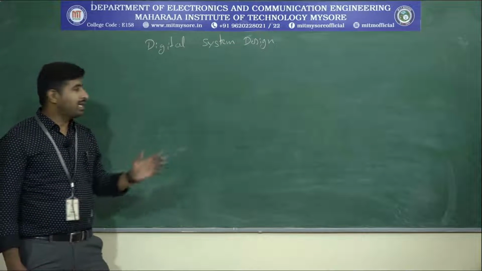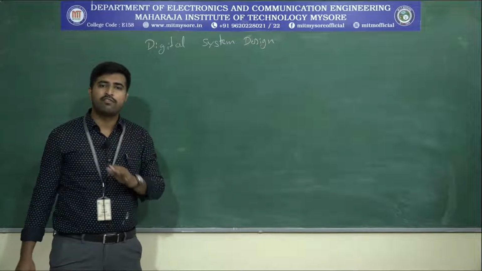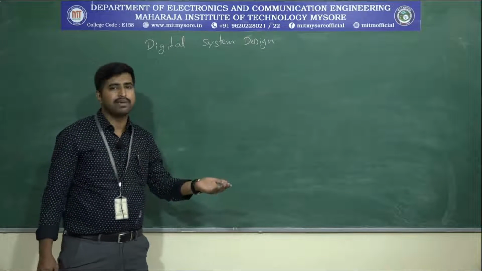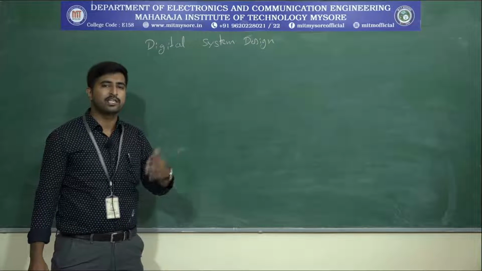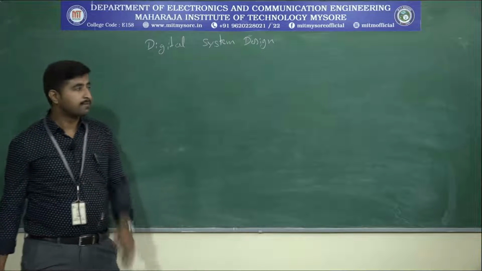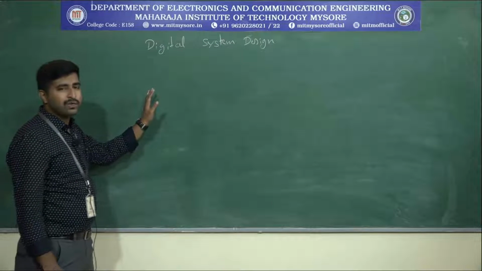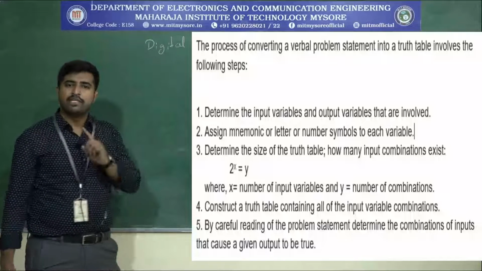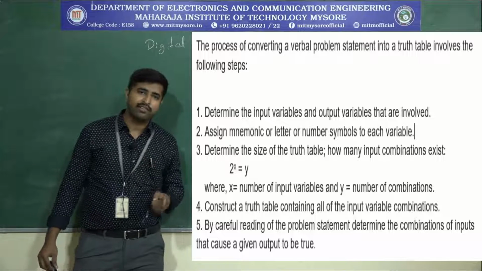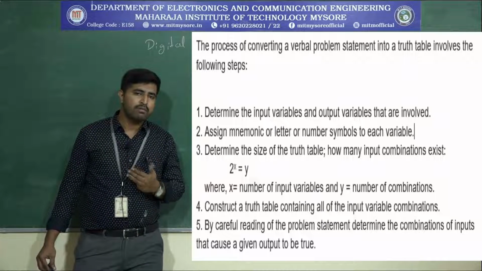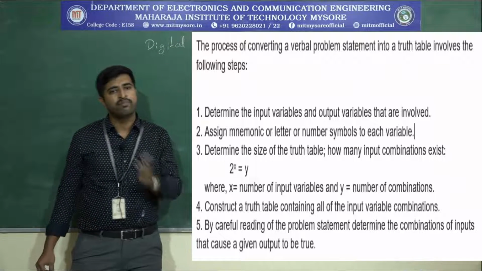Now let's move on. We have already started with the conversion of the problem statement to the truth table: how to construct a truth table from the problem statement. For that we have seen 5 steps, so let's recall them. The first one is to identify the inputs and outputs from the problem statement, how many inputs and how many outputs.